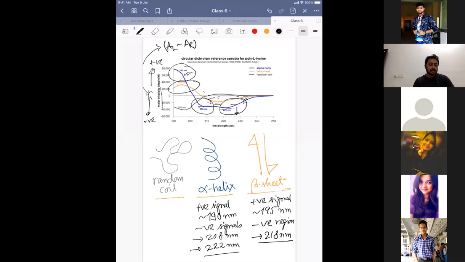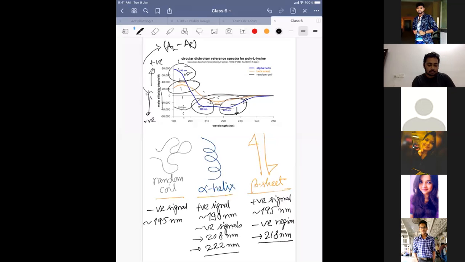Random coil is very easy to find because it actually starts with a negative signal around 195 nanometer. Alpha helix and beta sheet both have a positive signal in this region, beta sheet at 195, alpha helix at 193, but random coil starts from the negative region.